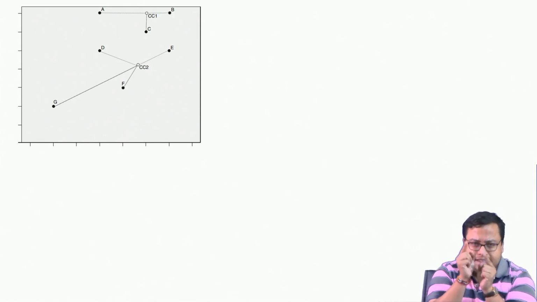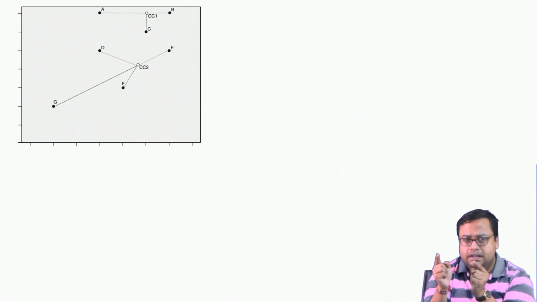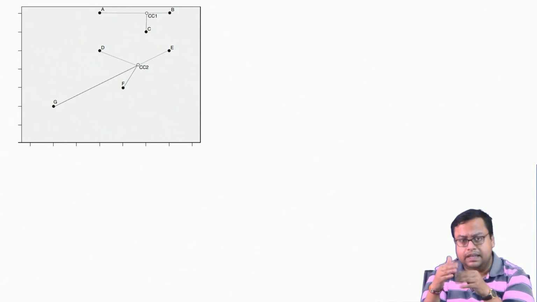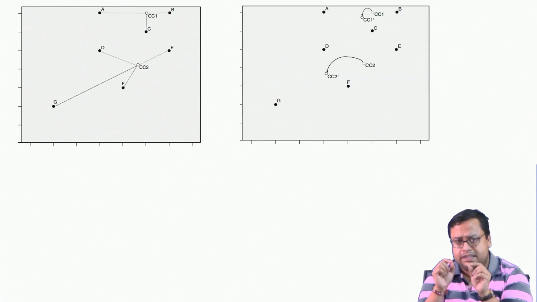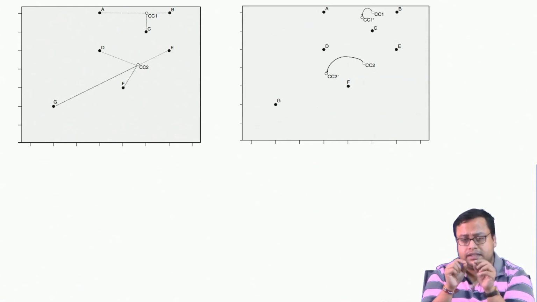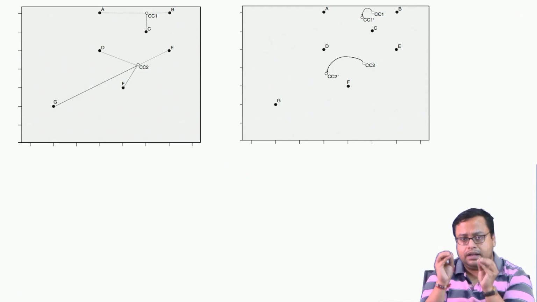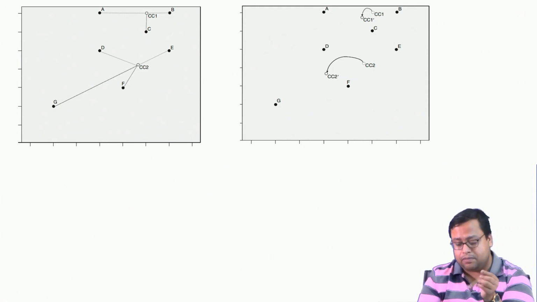So, I shift CC1 and CC2 a little bit, delta x in each of my dimensions, to new positions CC1 dash and CC2 dash, and now I see whether the number of segments and where the segments fall are the same or not.